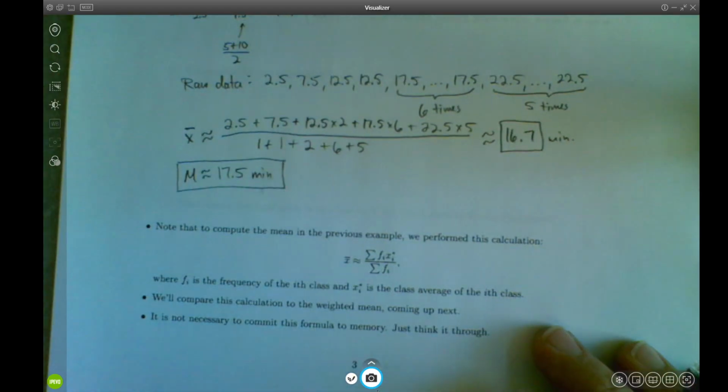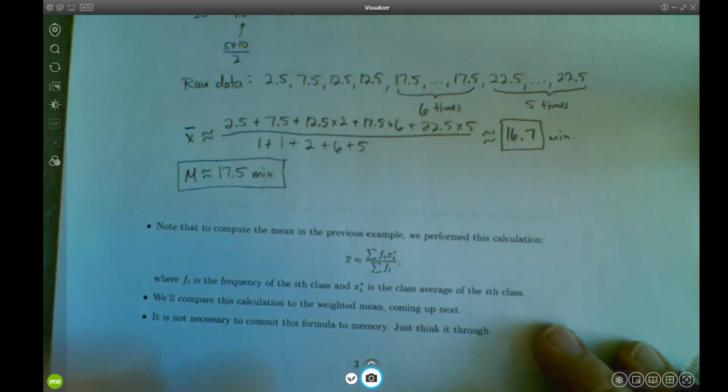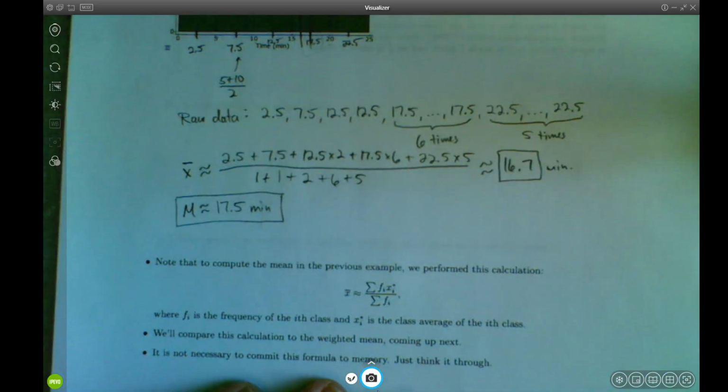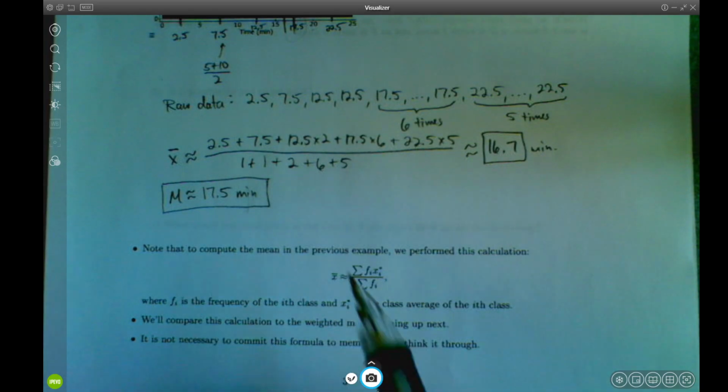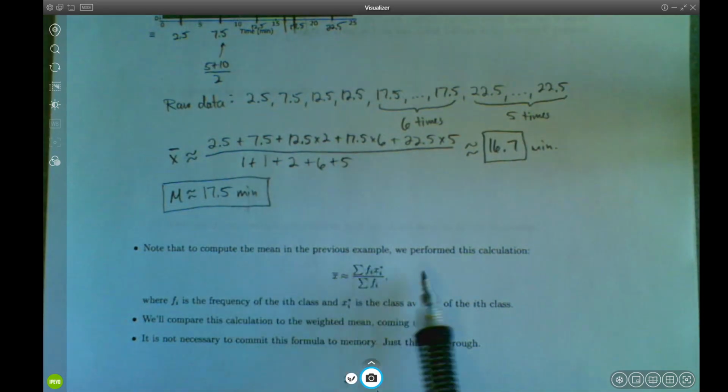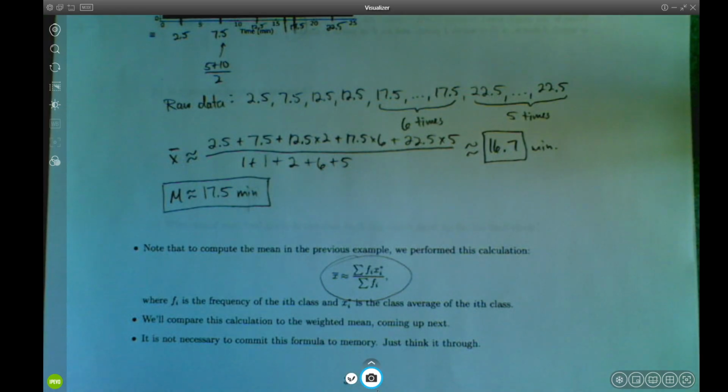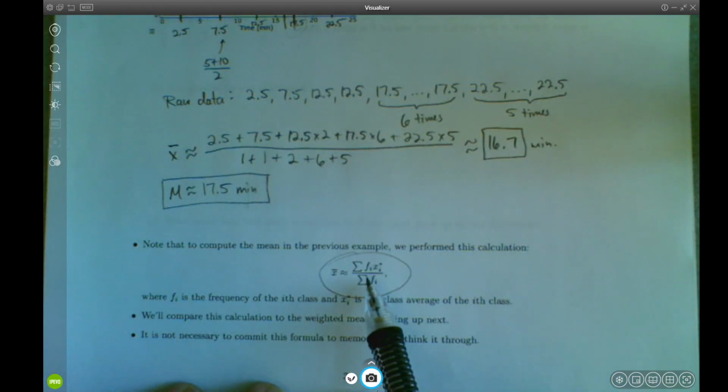Okay, so that's all I have to say about calculating measures of center from graphs. But this concept is related to the weighted mean, and let me show you why. Note that to compute the mean in our previous example, this is the calculation we performed. You probably weren't thinking in terms of those symbols, but that is what we did. We took each frequency and multiplied it by the class average, xi star.